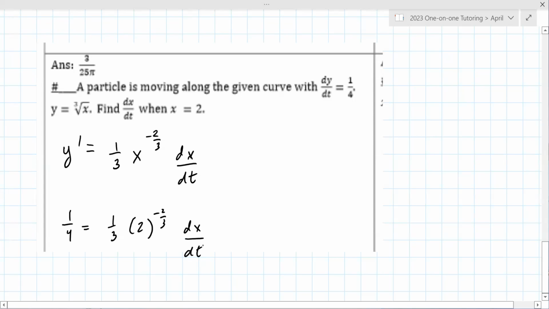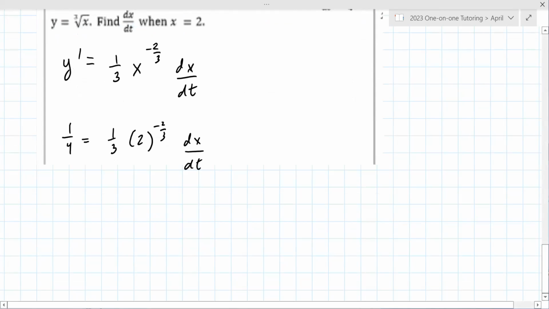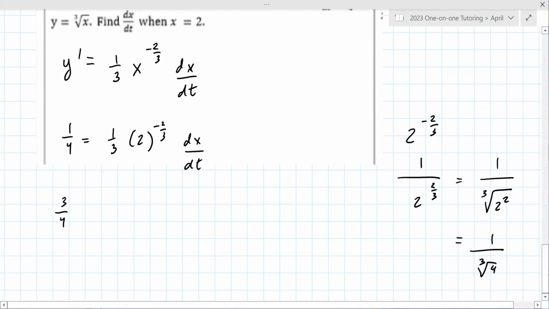Probably more of an issue of being comfortable manipulating exponents. You can cancel the 1/3 by multiplying by 3, so that's 3/4 times 2 to the power of minus 2/3. Again, that's 1/2 to the 2/3. That's the cube root of 2 squared. So that's the cube root of 4.